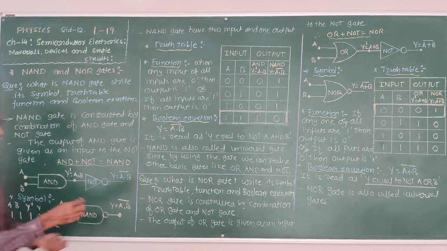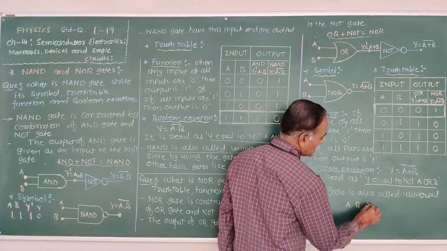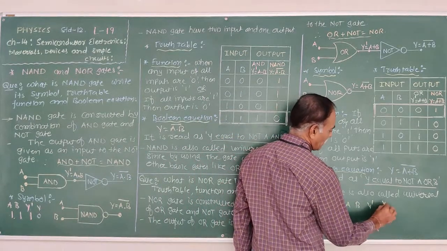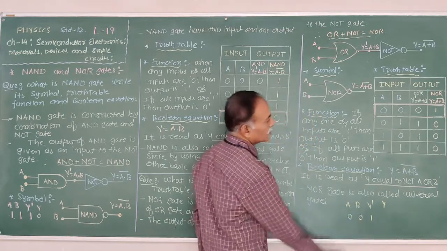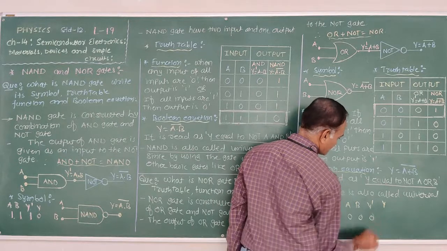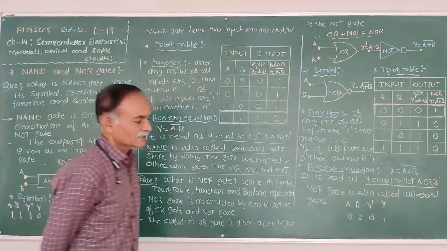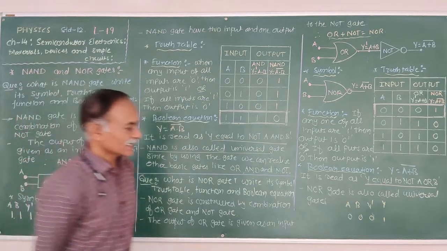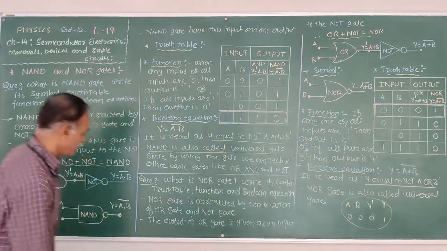While for NOR gate, A, B, Y dash: 0, 0, 1. That is the inverted characteristic. That is the characteristic for NOR gate 0, 0, 1 and for NAND gate 1, 1, 0.